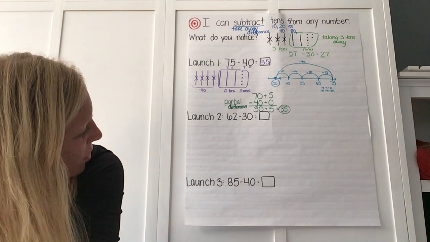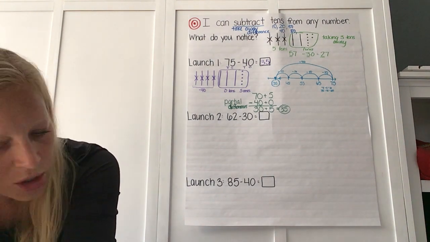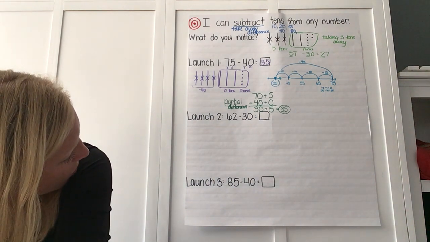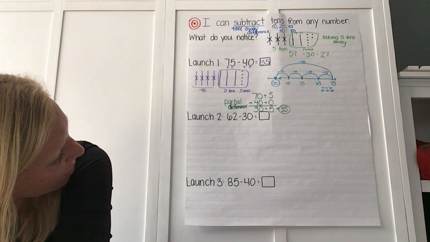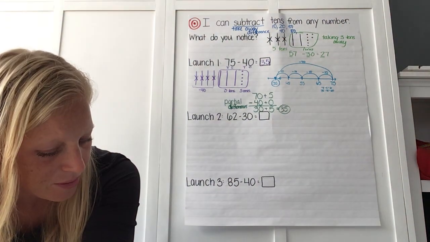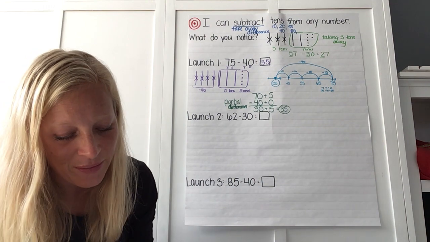What model are you using? Ooh, and so what are you doing first? Where are you starting on that number line? Are you jumping up or jumping back? Why are you jumping back? So is your number going to get bigger or smaller?